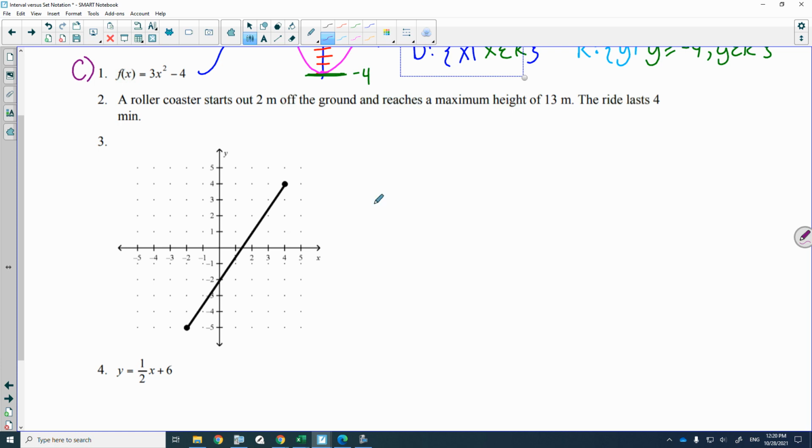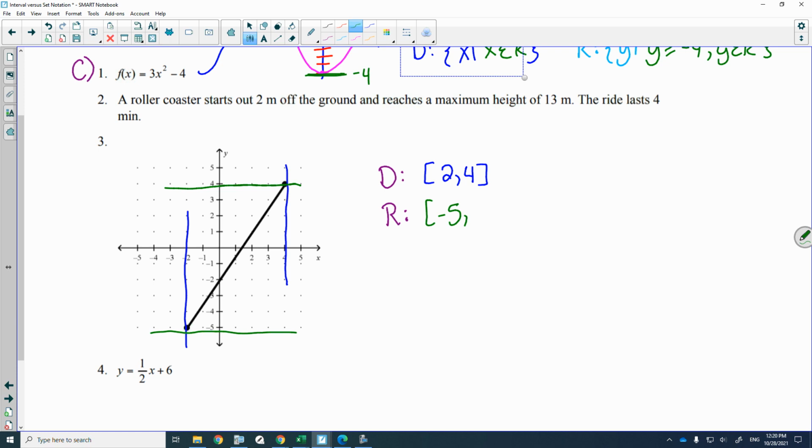This one is going to be an interval, the answer. So you can check your answer against mine.